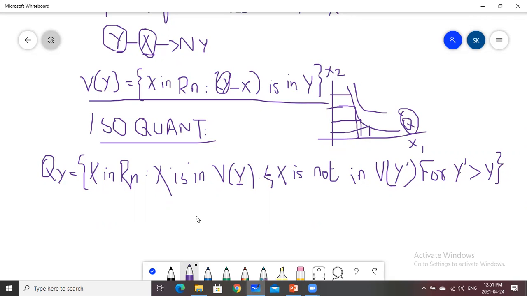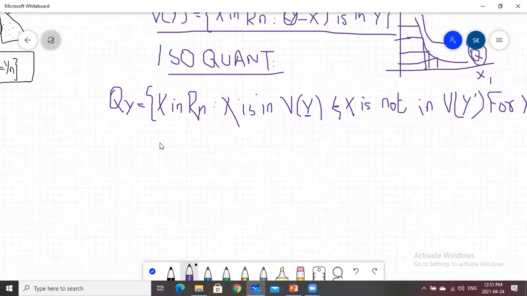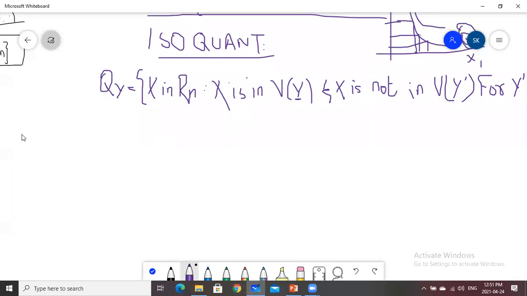Now we have another term, that is the short-run production possibility set. In the short run, the production function is fixed.